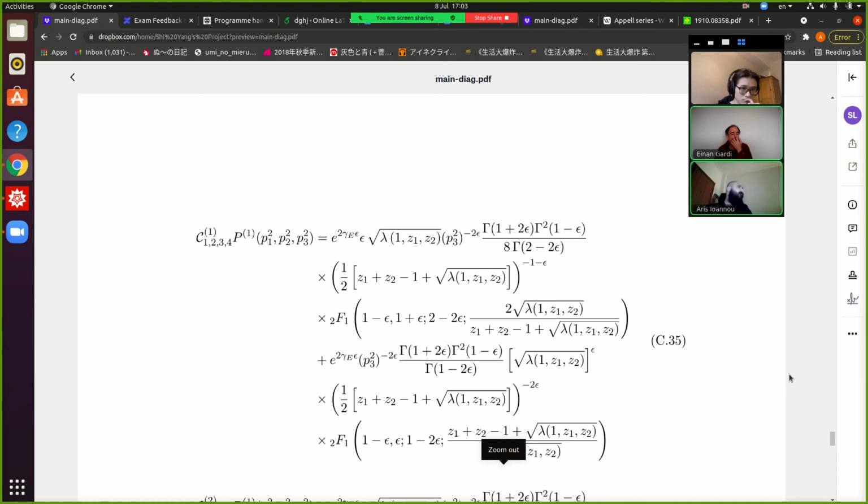Okay. But why can't you just arbitrarily make it smaller? Good question. So there are other things. Remember that there is also the kinematics.